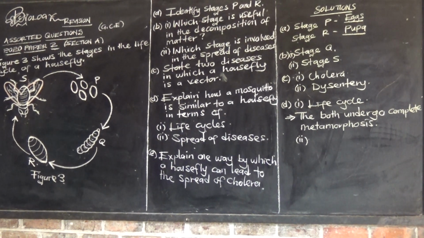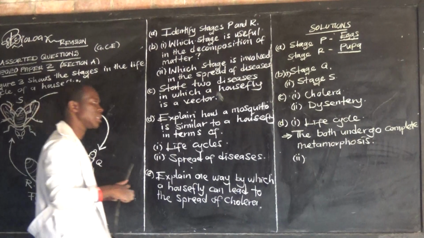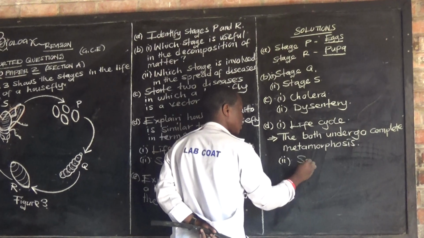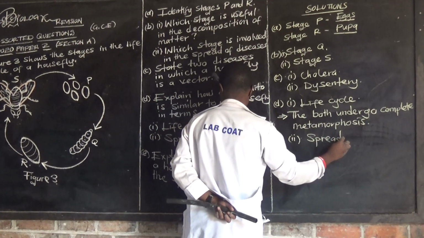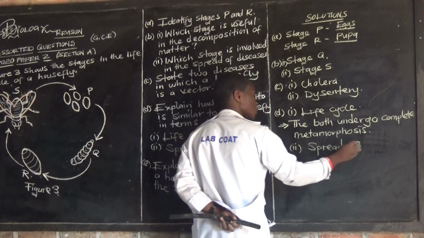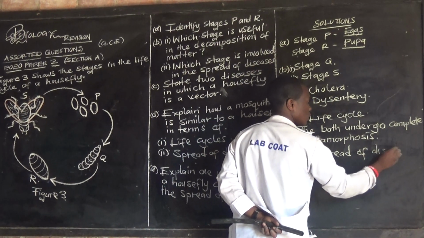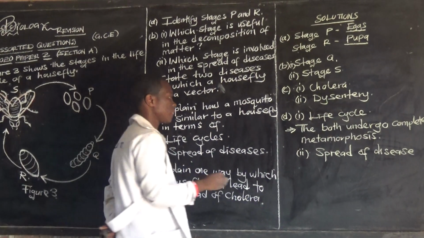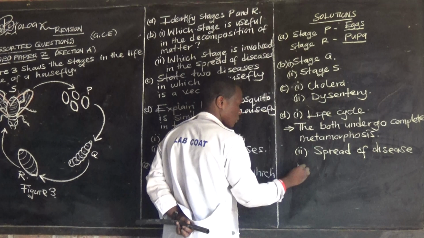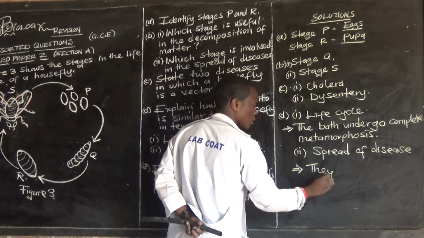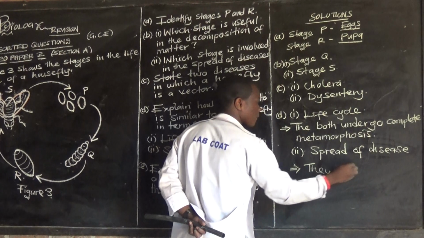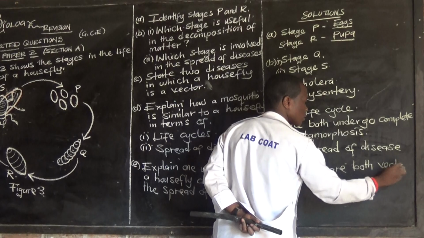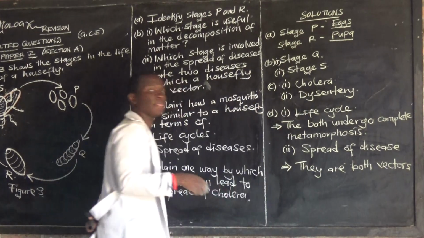So in terms of the spread of diseases, both a mosquito and the housefly are vectors. They are both vectors.